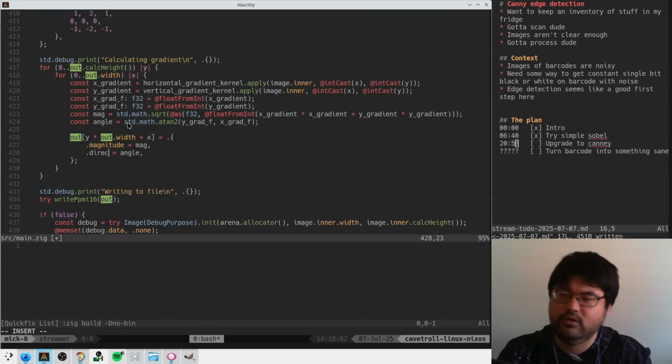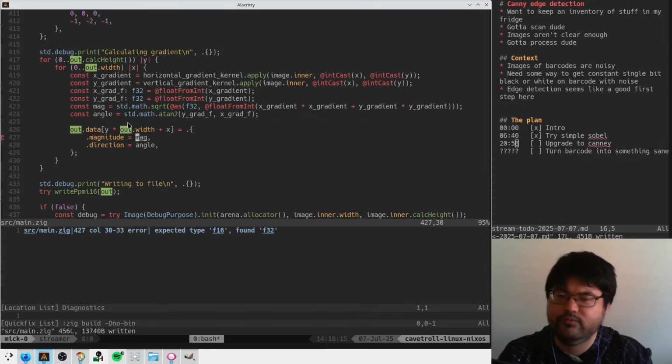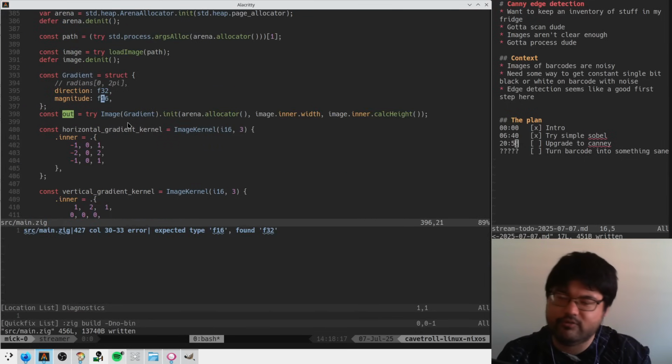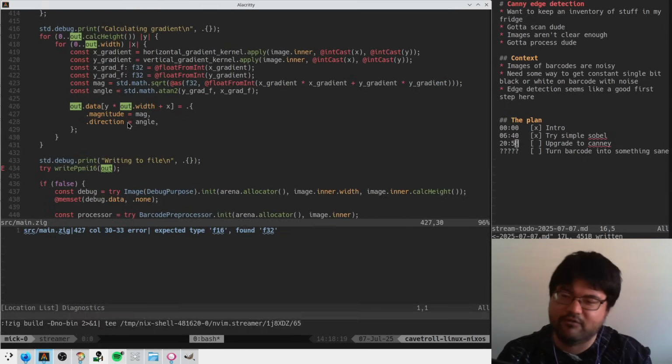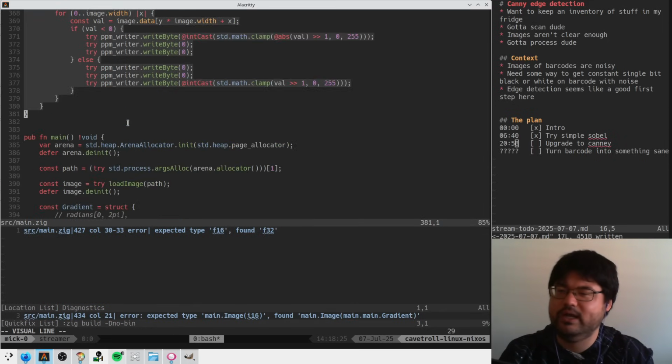Is direction, and this is inner or data here. And why is it upset? F16, I'm off my rocker. Never use F16s, that's crazy. Okay, write the ppm gradient.